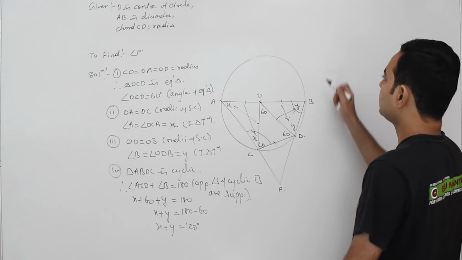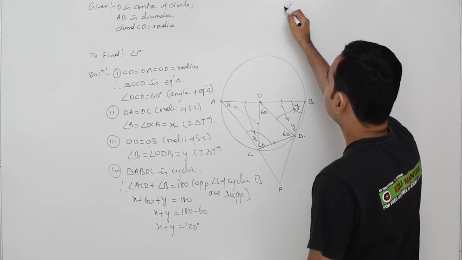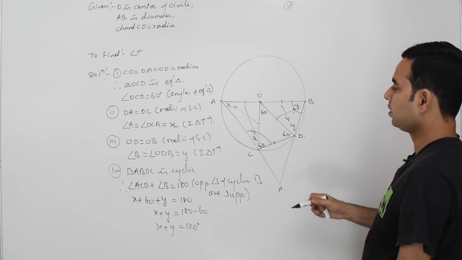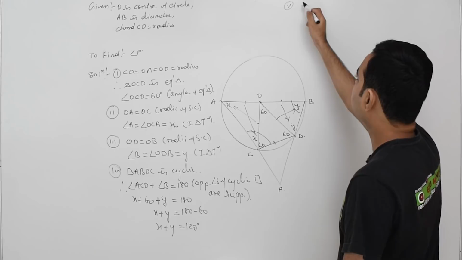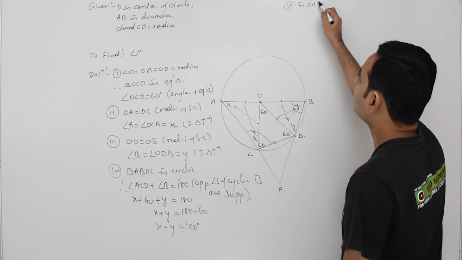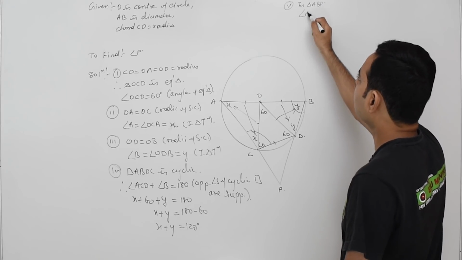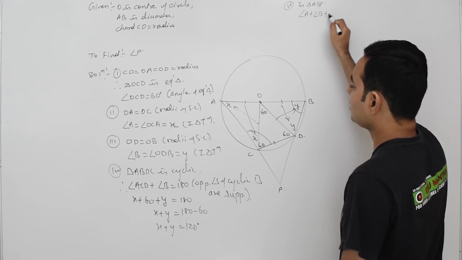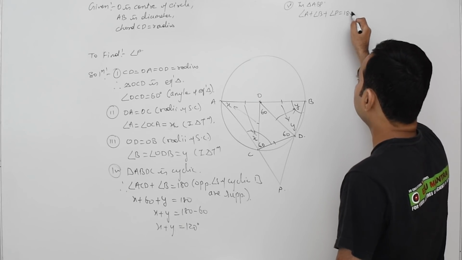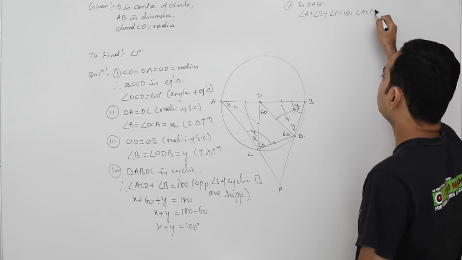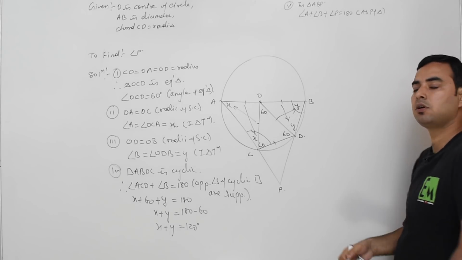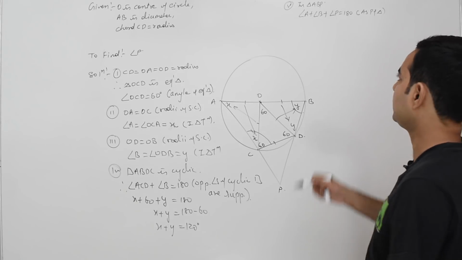After getting this, in the fifth point, in triangle ABP, angle A plus angle B plus angle P equals 180, by the angle sum property of a triangle, because the sum of the angles of a triangle is always 180.